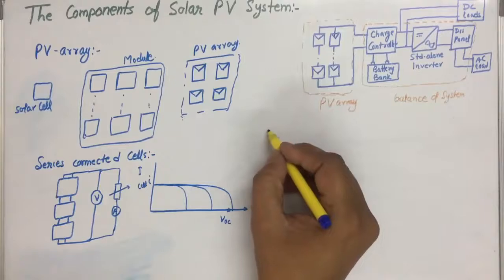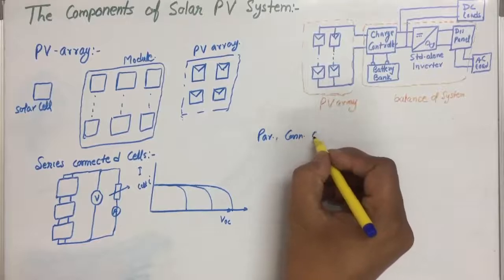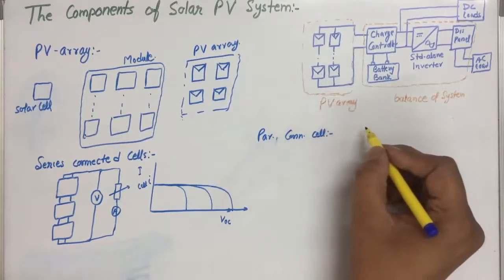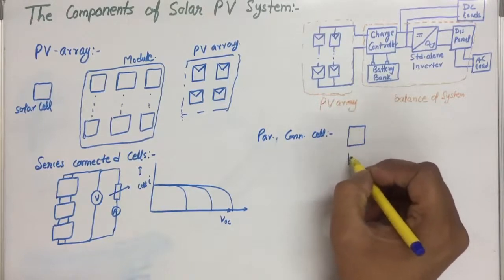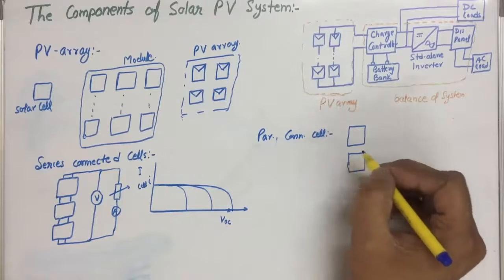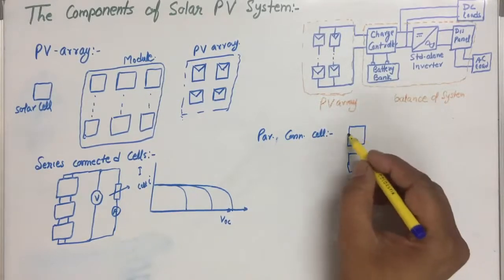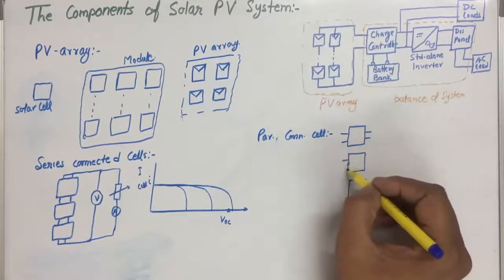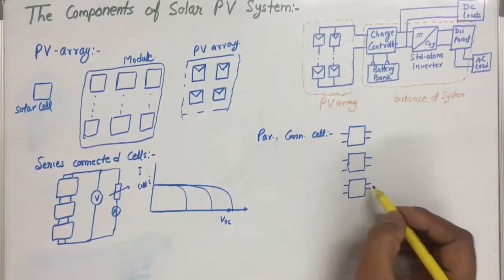Now consider parallel connection of cells. In that case, we have one cell, another, consider three cells here as well. Now they are connected in parallel, they are not in series now.